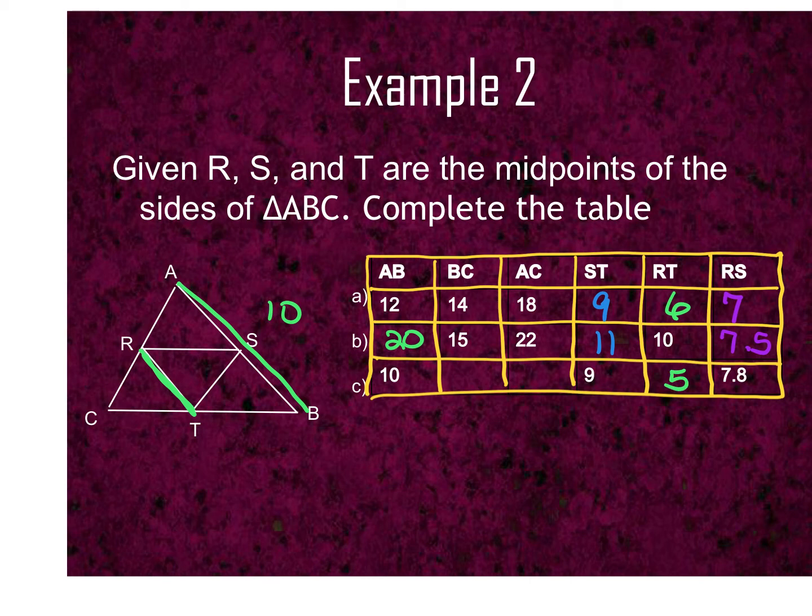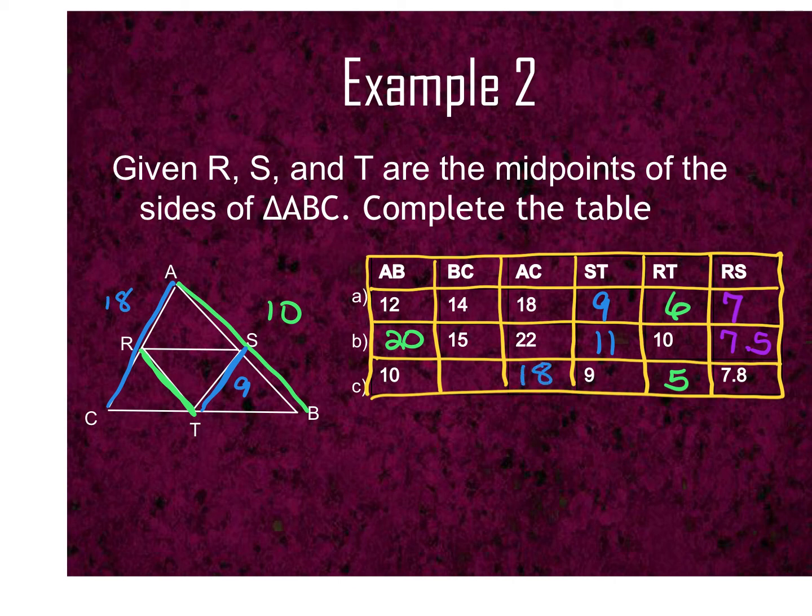My next given information in the table is the length of ST. ST is also a mid-segment. They're telling me it's 9. So to find the length of the side of the triangle that it's parallel to, which will be AC, double it, and it's 18.